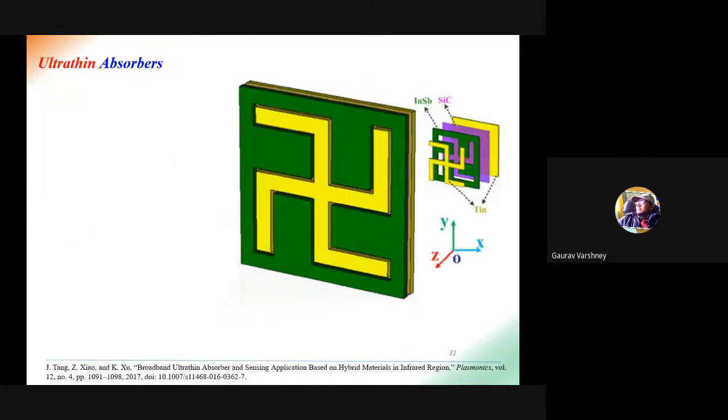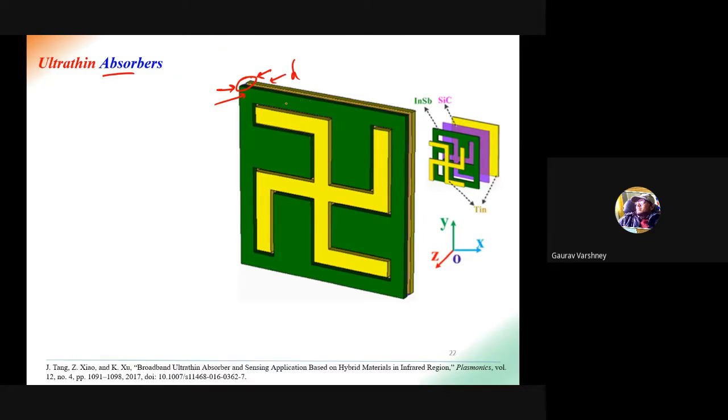And ultra thin, we can utilize semiconductor materials as well. Ultra thin is another research issue: how to develop absorbing units with ultra thin geometries. For future nanoscale systems, we need to develop ultra thin geometry.